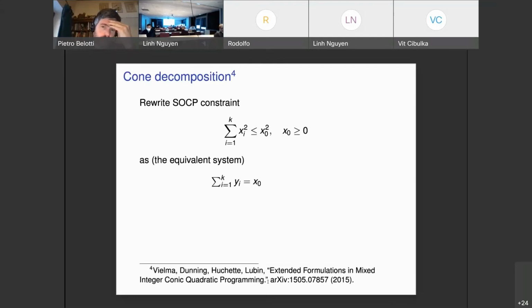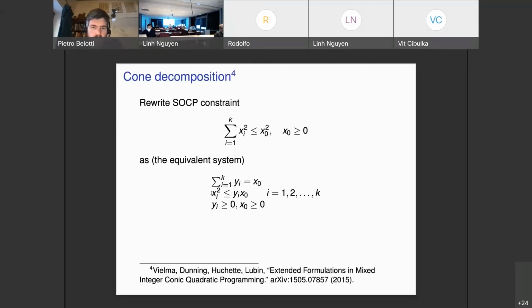You could rewrite this constraint as the following set of constraints. Let me write it down here, and then we can discuss it together. Basically, what this turns into is a linear constraint, because you introduce new variables yi. The sum of these variables must be equal to x0, the original x0 variable.